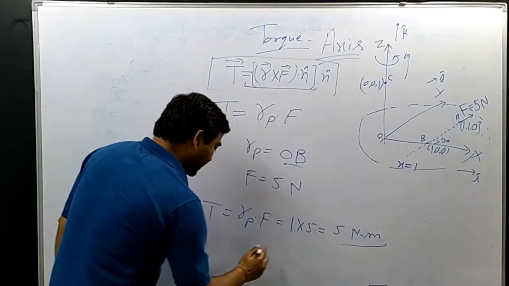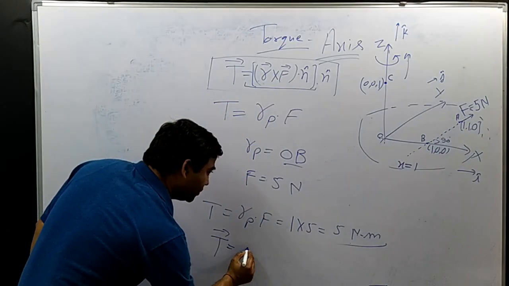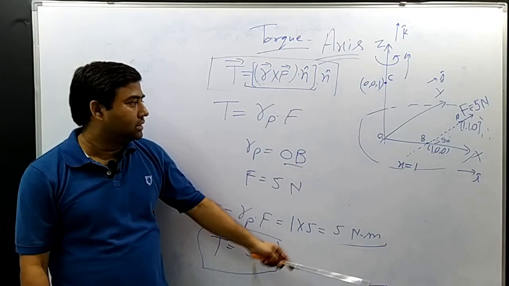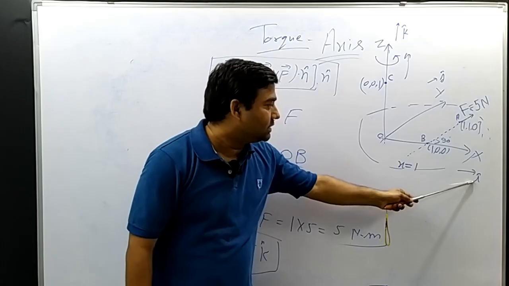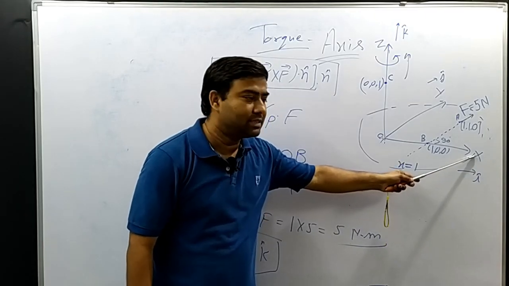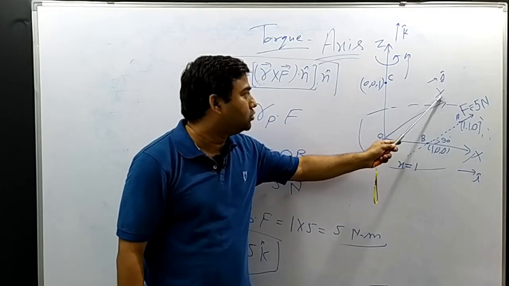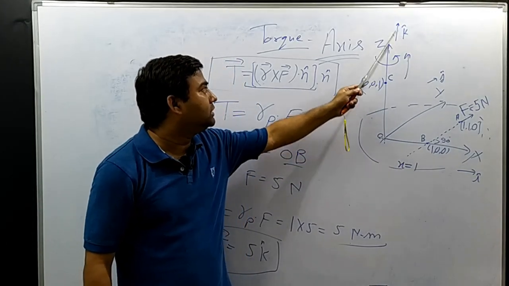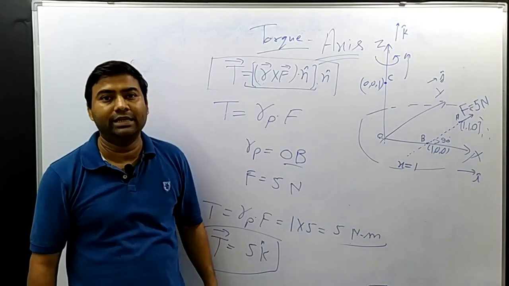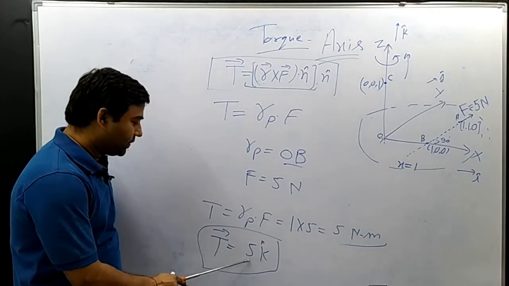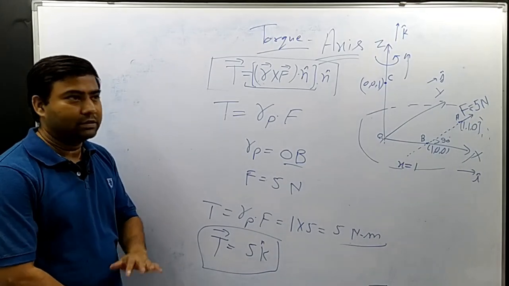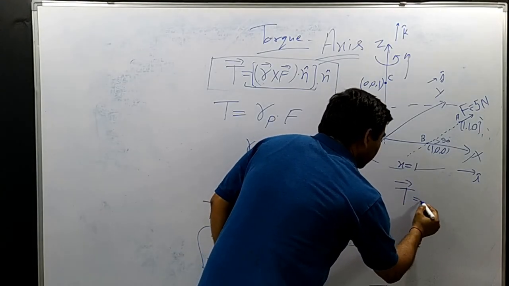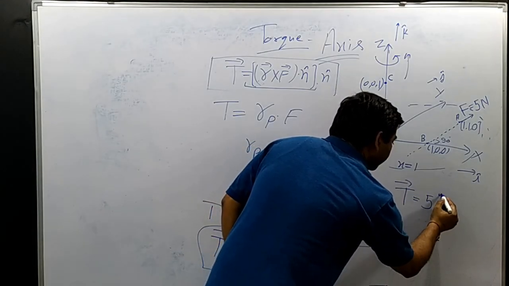In vector terms, you can write torque is equal to 5K, where I is the unit vector along the positive x-axis, J along the positive y-axis, and K along the positive z-axis. This is our first result: torque is equal to 5K.